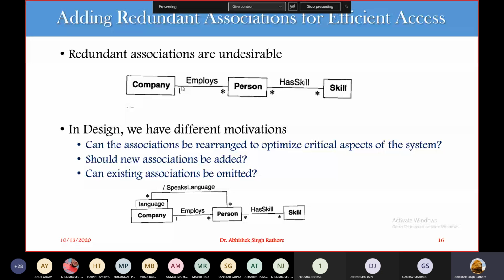So we can have a nested loop that traverses the employees 1,000 times, and then checks has skills, let's say 10,000 times, because we have 1,000 employees and on average each one has 10 skills. So we are iterating 10,000 times.